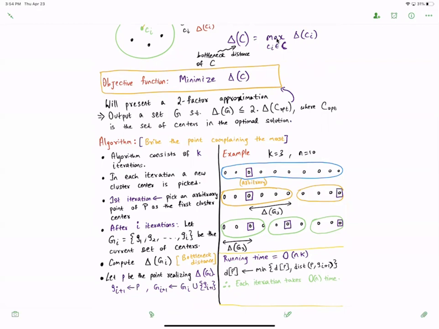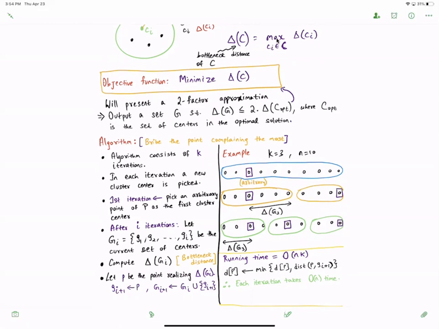The algorithm consists of k iterations, so let's go through the left half of what's written here. In each iteration, you pick one new cluster center. Very, very simple, right? After k iterations, you have k cluster centers, and you're done.